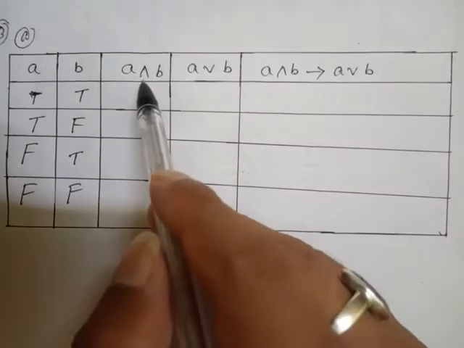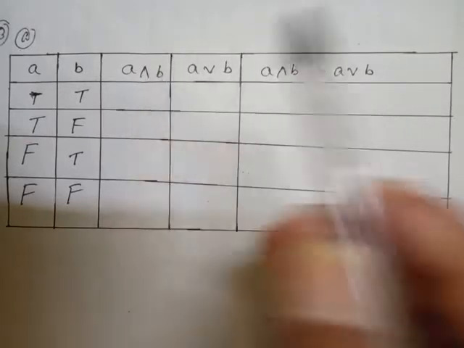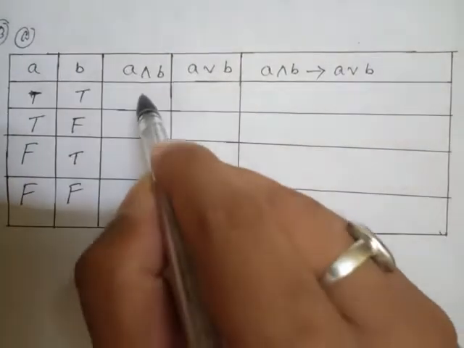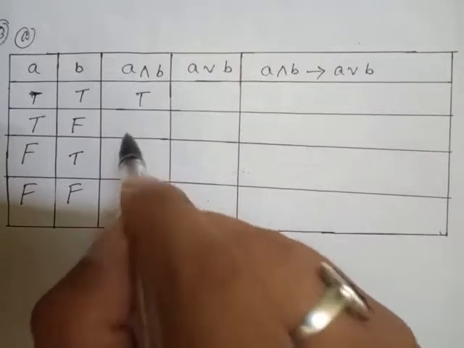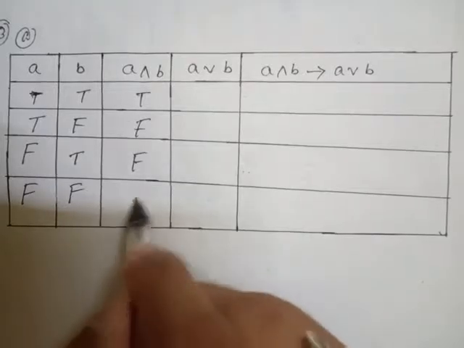Now this is conjunction, A conjunction B. So here, according to the conjunction rule, true true is true, true false is false, false true is also false, false false is also false.